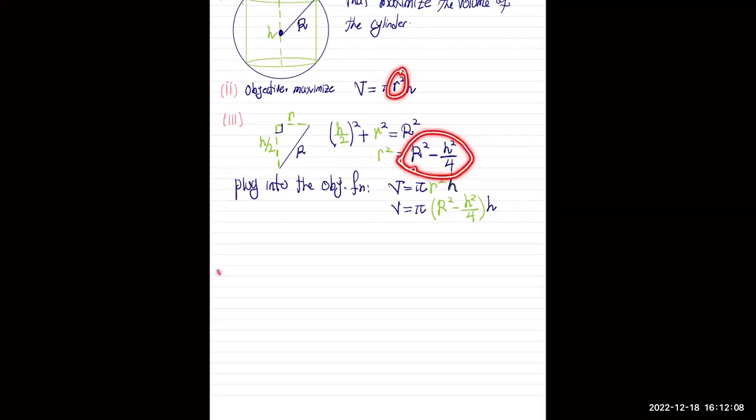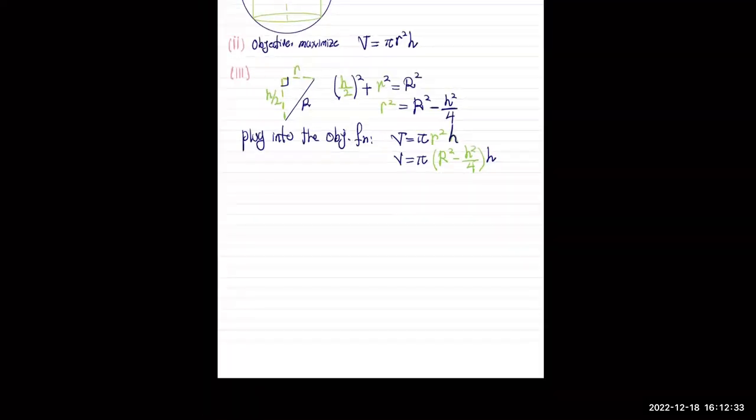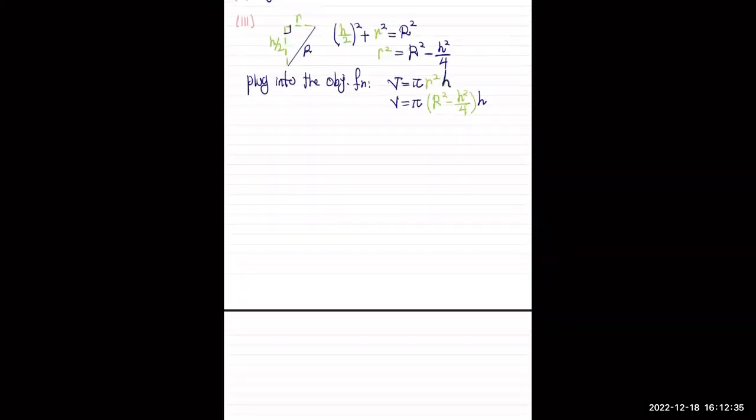Now this function is only in terms of H. We have only one unknown, H, and capital R is given. It is a third degree polynomial, with H squared times H giving H cubed, which represents volume.